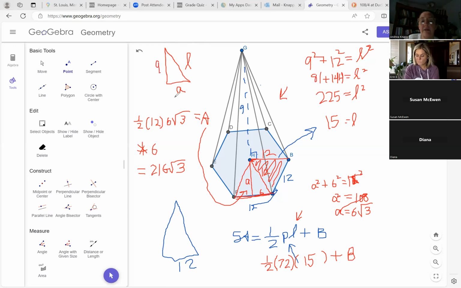I think we've got 6 right there. Instead of drawing this to vertex B, I think it should have been drawn as an apothem to that triangle right there. So you get that right angle?